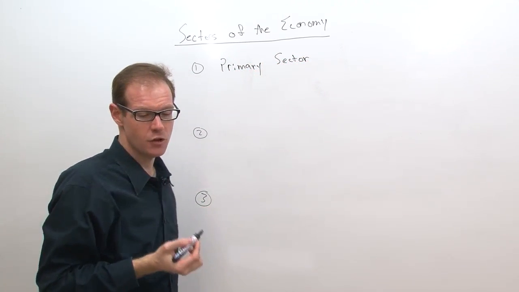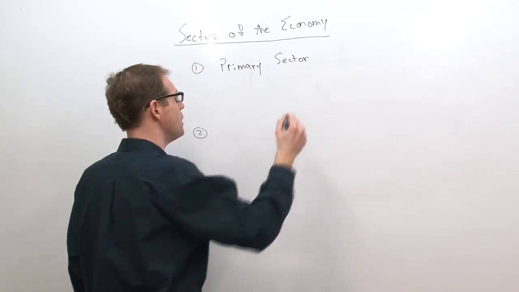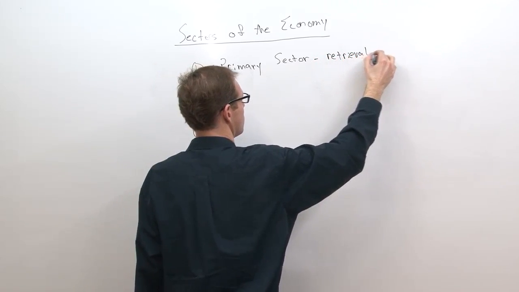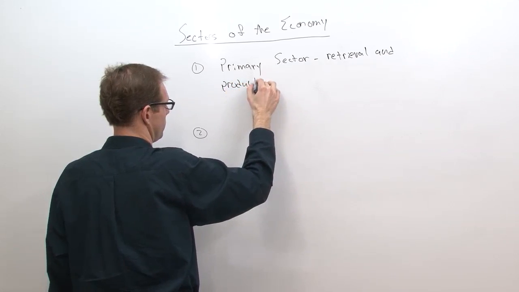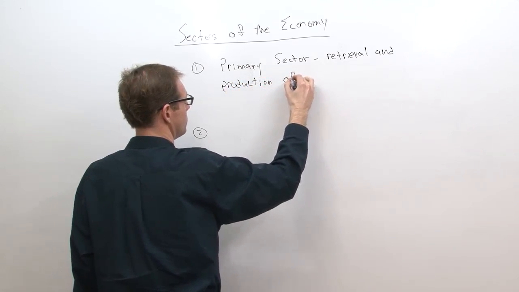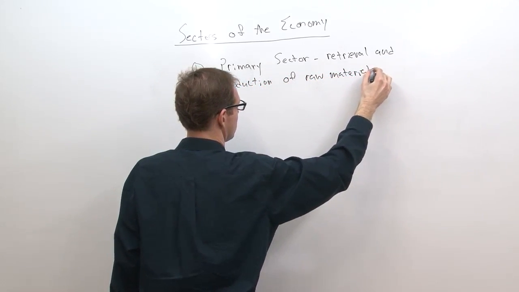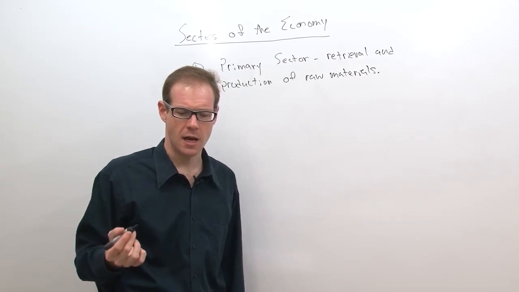The primary sector of the economy involves the retrieval and production of raw materials. Very basic. Indeed, the most basic. The retrieval and production of raw materials. What am I talking about here?